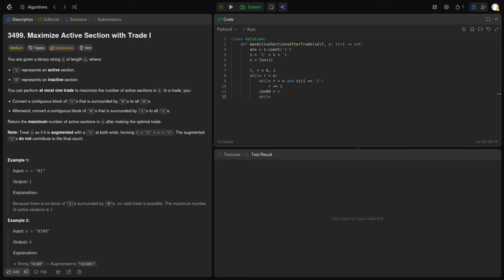Now while r is less than n and s[r] is 0, index 1 0 is r, then we do r plus equals 1, and this is index 0 1 is r.